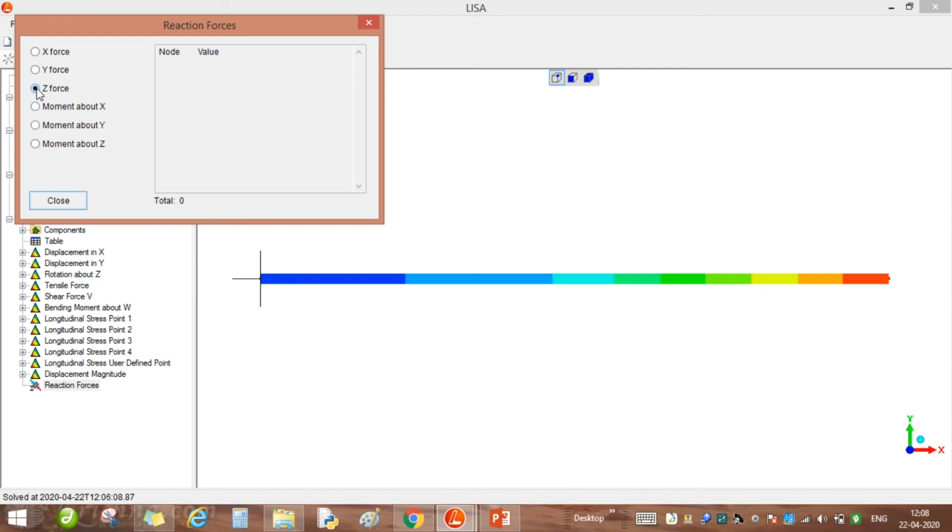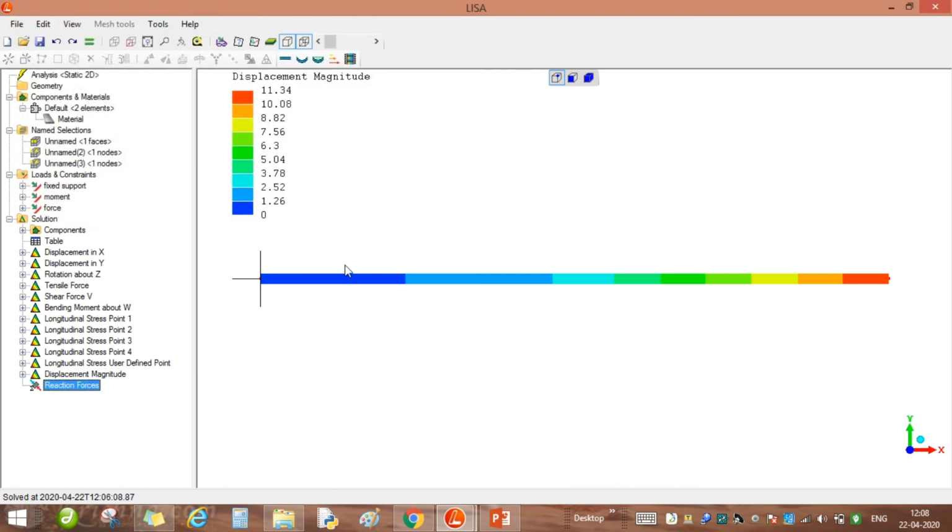Similarly, the z force will also be 0 and the x force, because there is no load along the x-axis. So this is all about the basic concept of stress analysis of a beam, how to apply moment load, how to analyze the results, and how to define various stress recovery points.